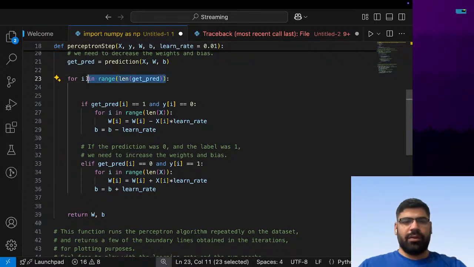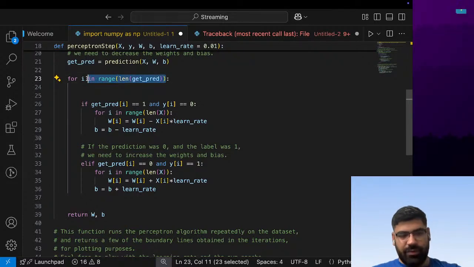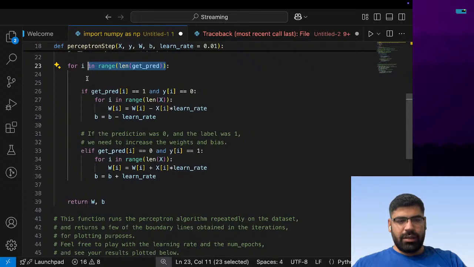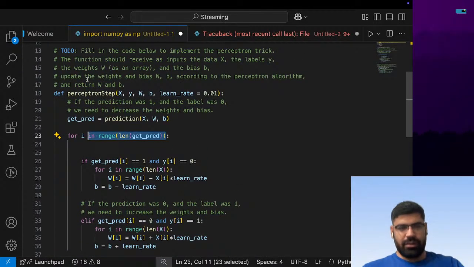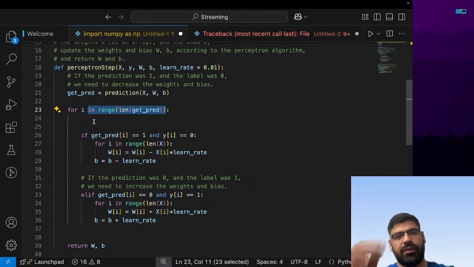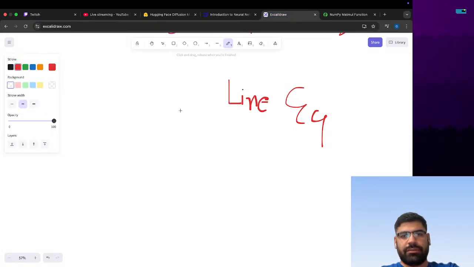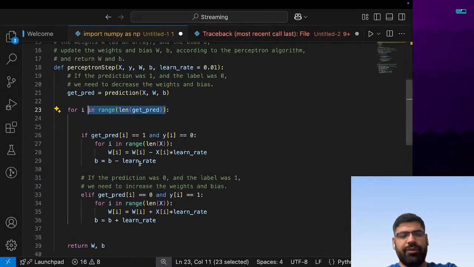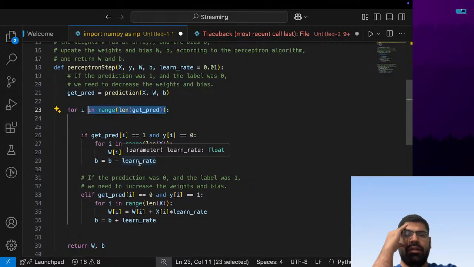Okay. I think I can do it this way. For i, till all the predictions are yes, do this. If not, go back. Hmm. So, I don't have to draw, actually, just have to think.